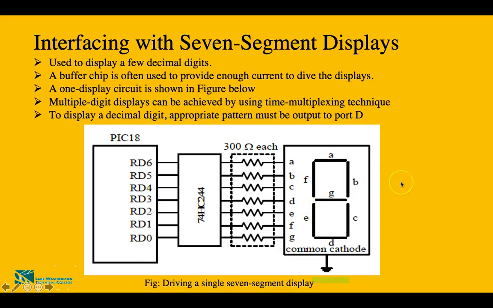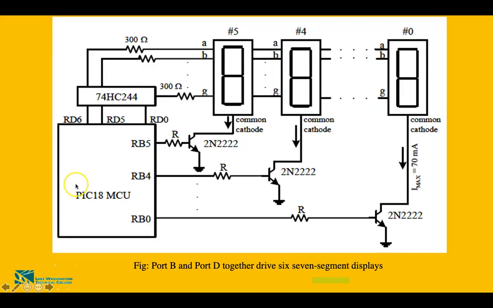Now let's see how we can connect multiple 7-segment displays to the microcontroller. In this slide we see there are 6 7-segment displays starting from 0. You can see this is one of them, and then you have 3 in between these 2, and then this is 4 and 5. So from 0 to 5 are your 6 7-segment displays.